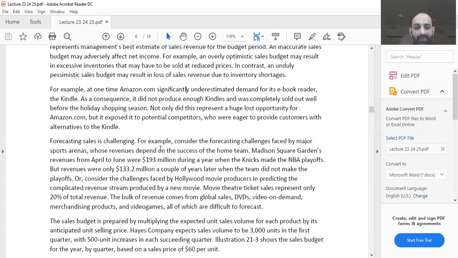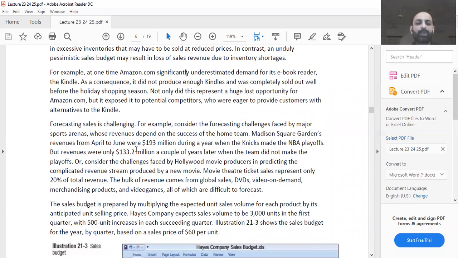Forecasting sales is challenging. For example, consider the forecasting challenges faced by major sports arenas whose revenues depend on the success of the home team. Madison Square Garden's revenue from April to June was 193 million during a year when the Knicks made the NBA playoff.